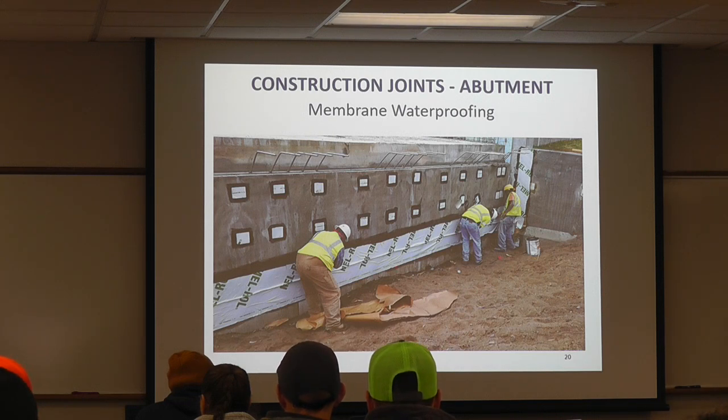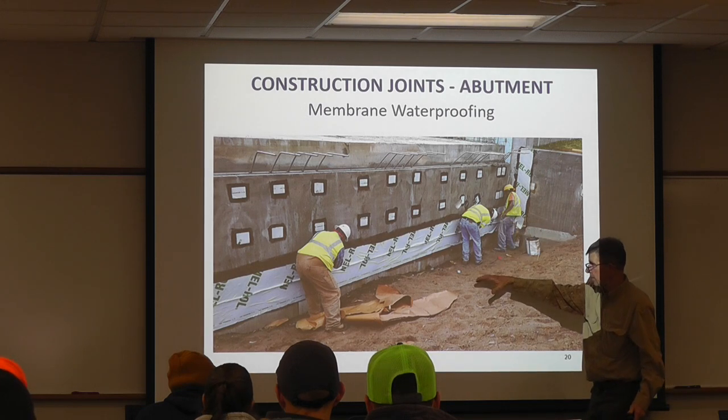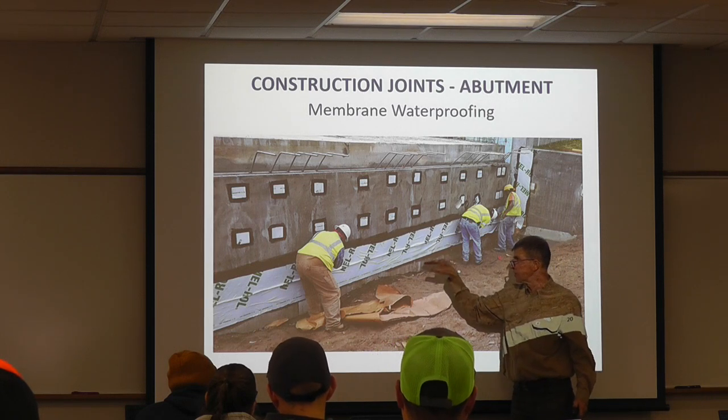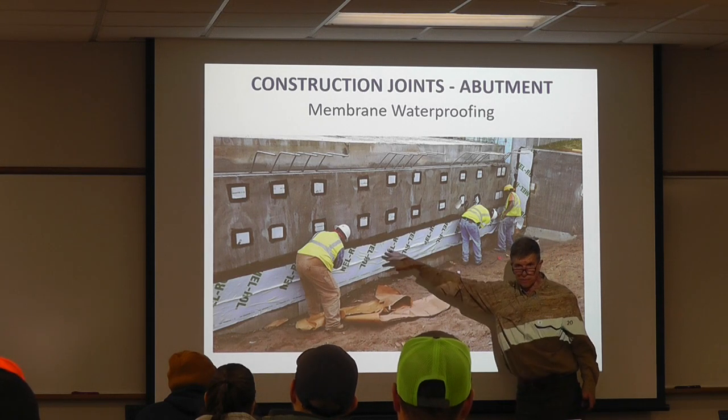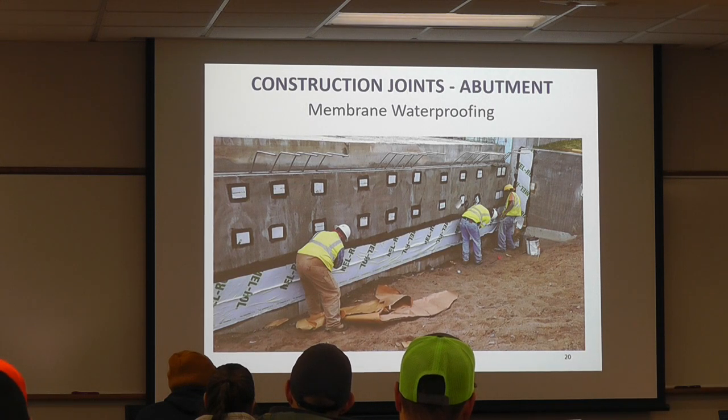So the intent here is to keep water out. This is the back of the abutment, this is going to get all filled up. There will be some water that will get there, and we're trying to eliminate water getting through the construction joint that's there. Thus they're using the membrane waterproofing.